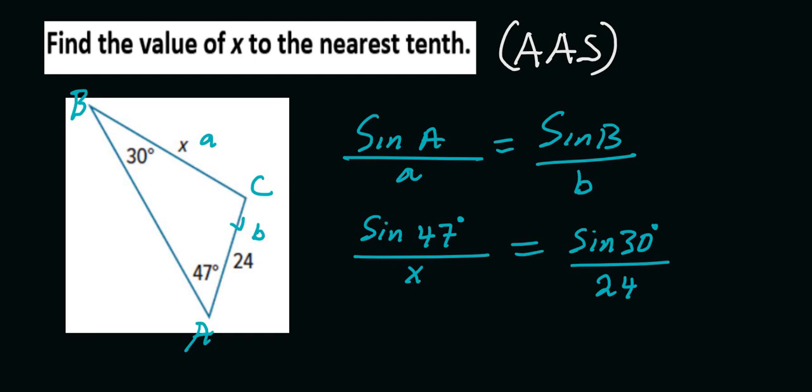So at this point, we can just cross multiply. Use this to multiply all of this, and use this to multiply this.